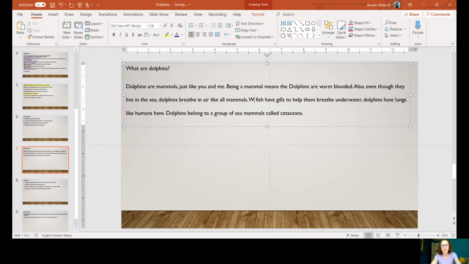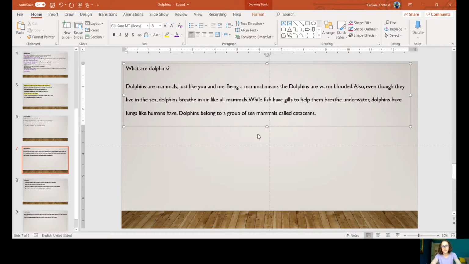Let me fix my mistake as I'm going. While fish have gills to help them breathe underwater, dolphins have lungs like humans have. Dolphins belong to a group of sea mammals called cetaceans. Okay, so that's just an example of one way to get started with your first subtopic, okay?